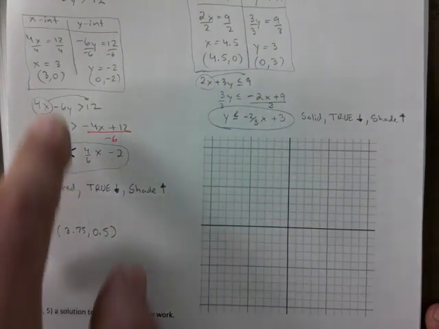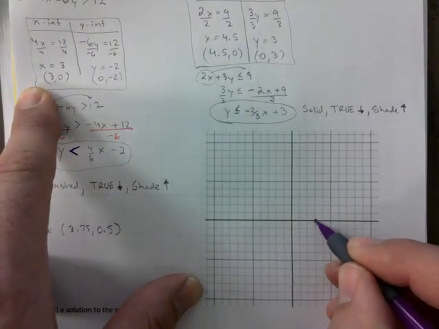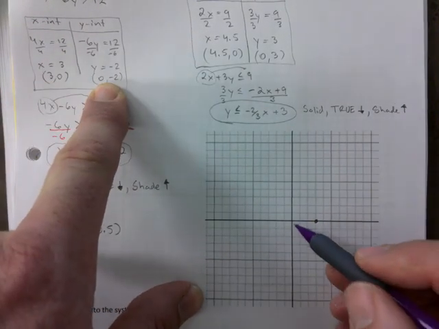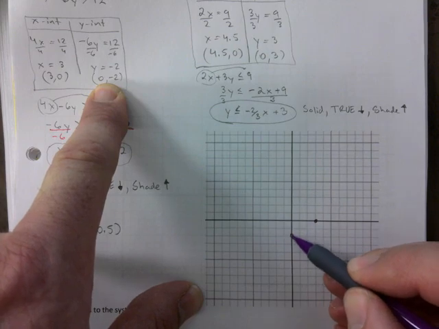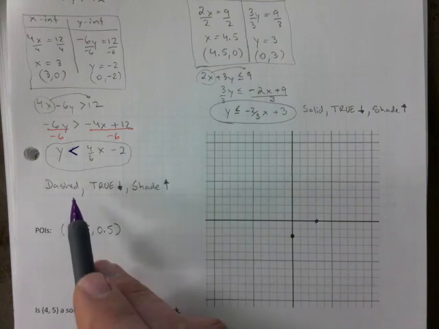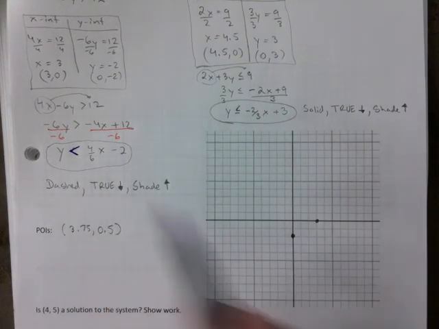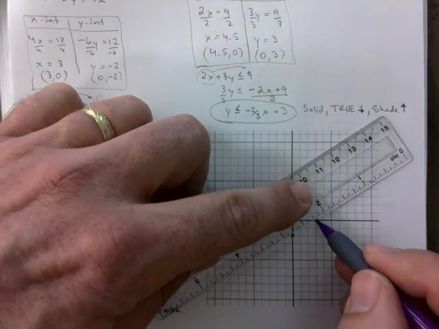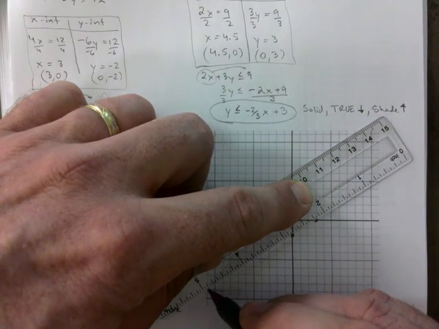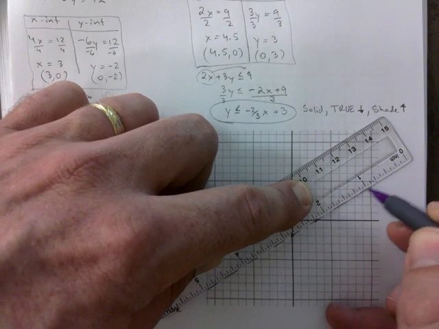So let's graph this. I'm going to do this one first. Watch on the left here, 3, 0, and then 0, negative 2. And I'm going to see here, what did I make? I made a note that this is a dashed line. Okay. I'm going ahead and making a dashed line right across the grid.